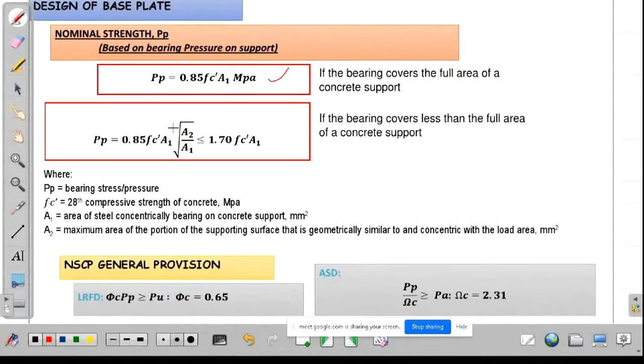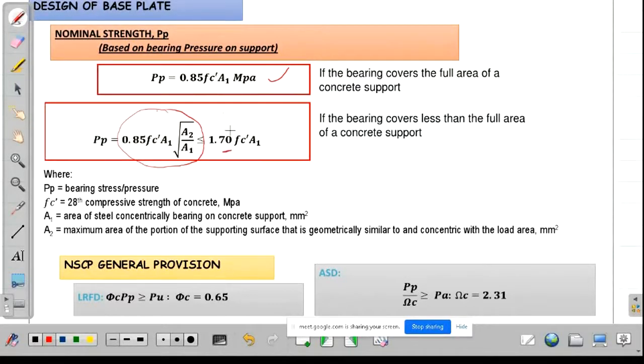And this equation, yung itong equation dapat natin should not exceed 1.7 fc' A1. Okay? So in cases na mag-exceed ito, yung gagamitin nating value.